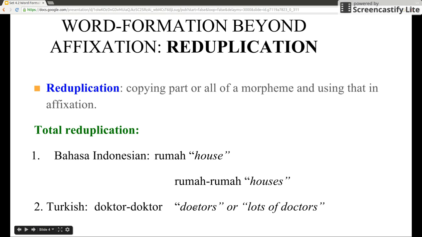In Turkish, we have the same derivation. We have doctor, then we duplicate the stem, and it means doctors or lots of doctors. Okay, reduplication is copying part or all of a morpheme and using that in affixation.